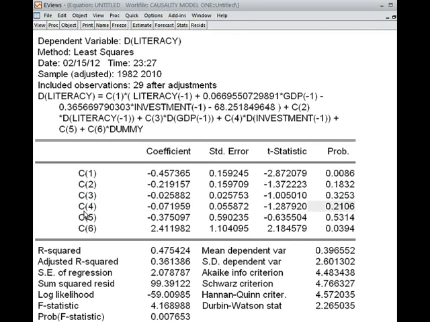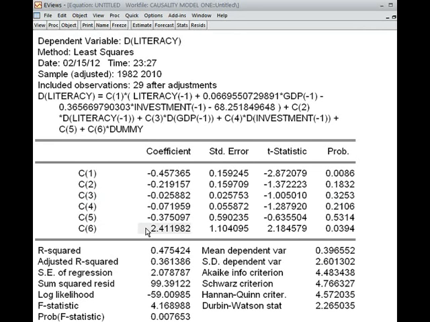You can see from here. But C5 is the intercept, but the dummy variable is significant. You can see, significant. Why? Because the p-value is 3.94% and the dummy variable coefficient is positive.